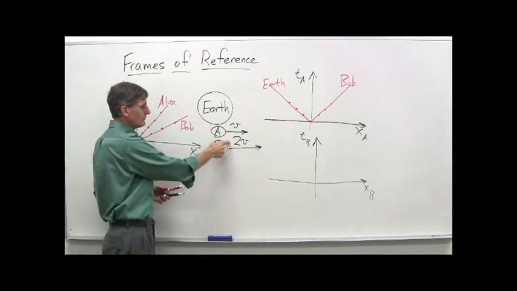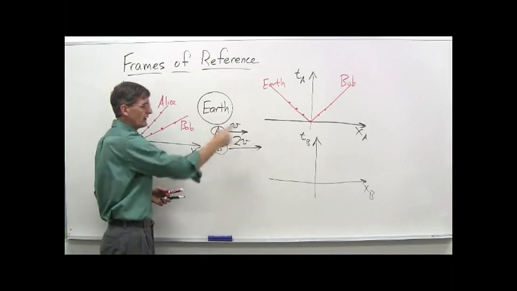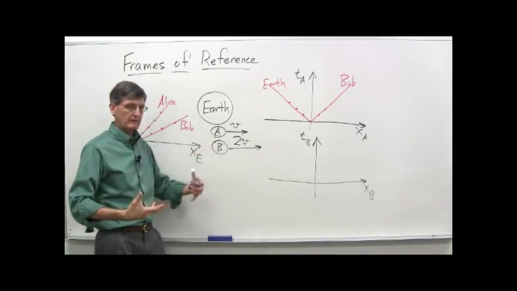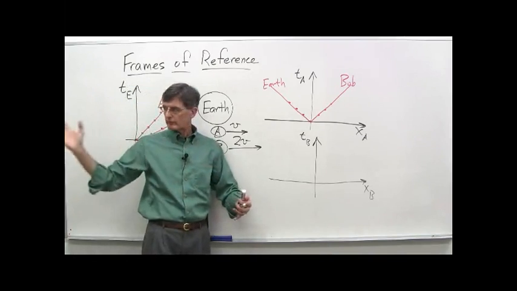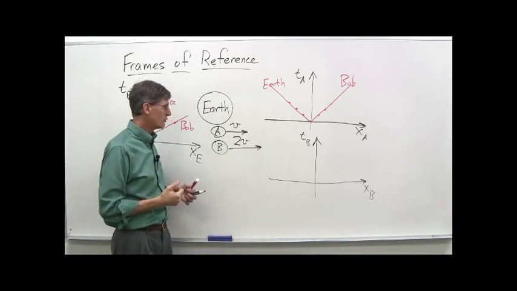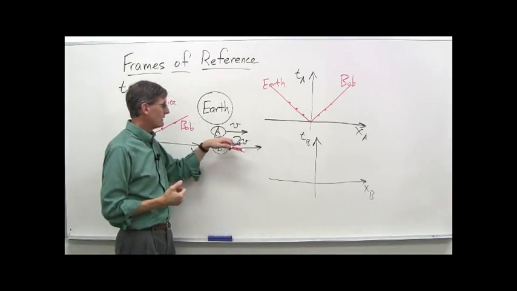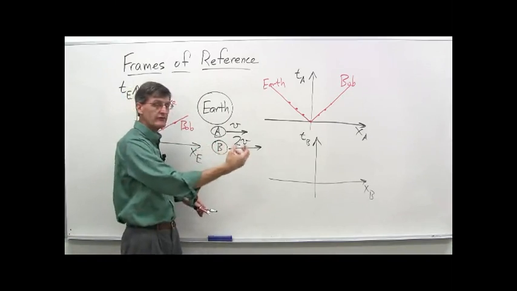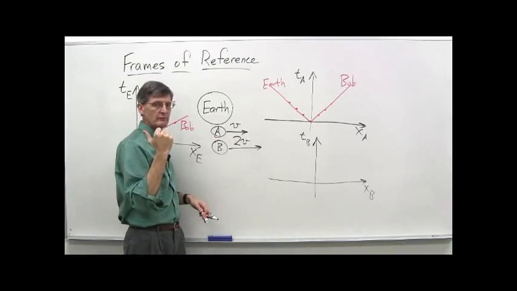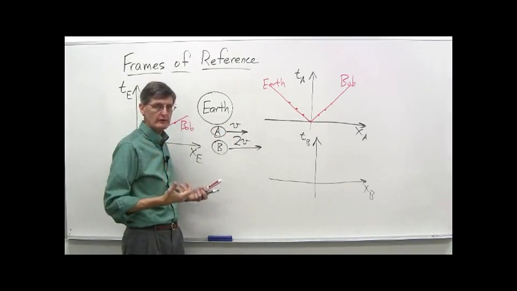Well, he's moving away from Earth at 2v, whatever v happens to be. So from his perspective, just sitting in his cockpit, he sees Earth going behind him, receding in the distance backwards at 2v. And what about Alice? Well, he sees her receding behind him. Remember, he's going faster than she is. So he sees her receding by him at a velocity v.